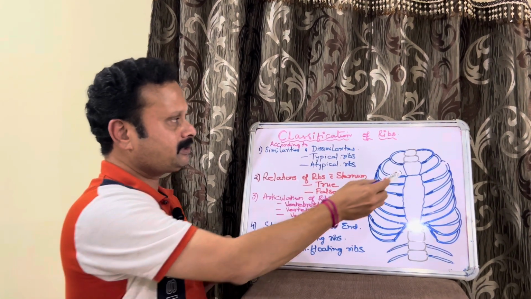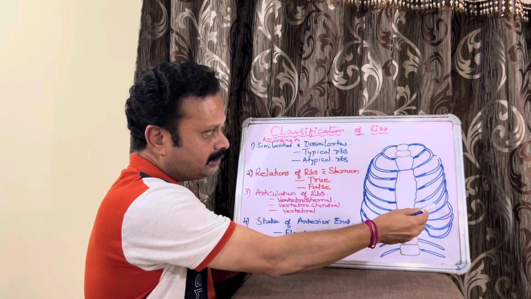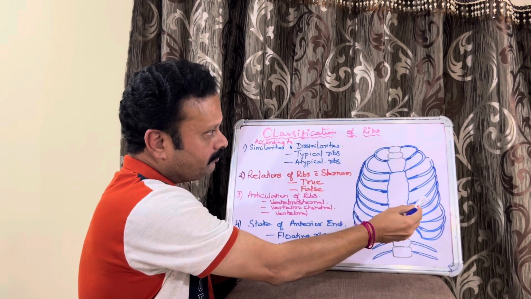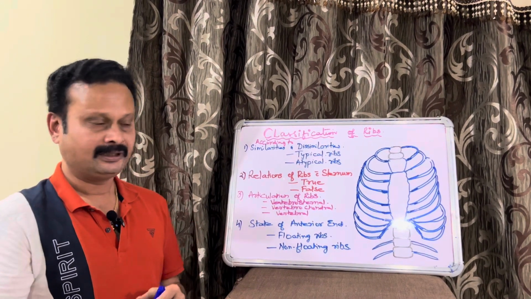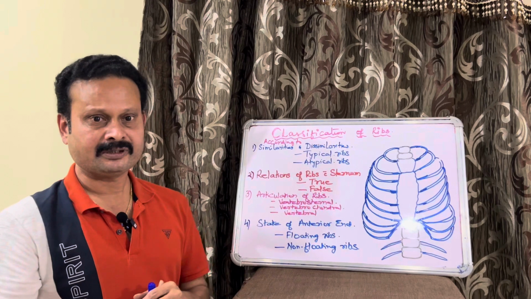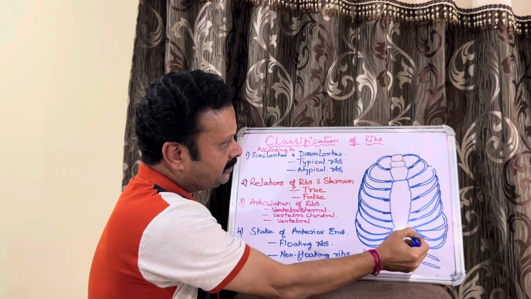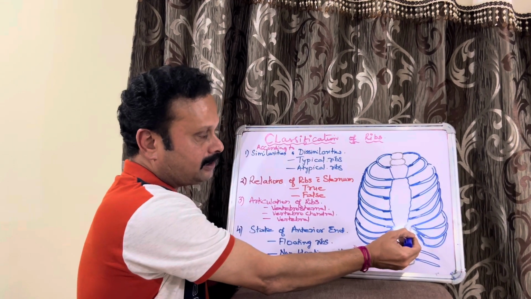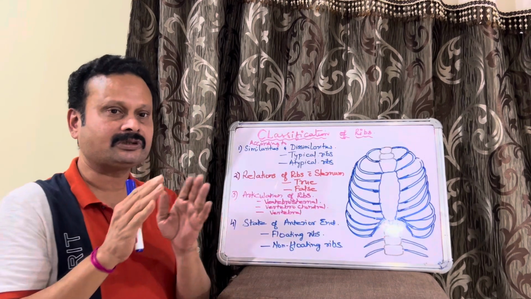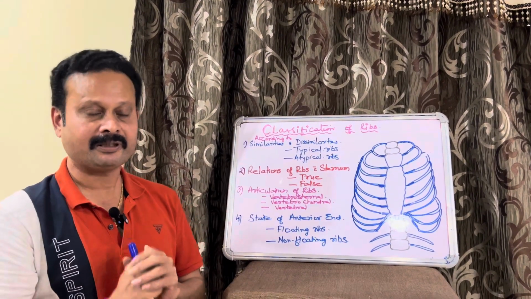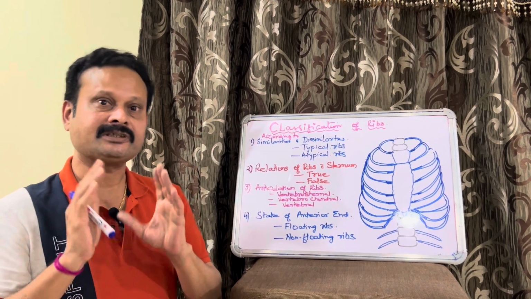These ribs increase in size from first to seventh, 1, 2, 3, 4, 5, 6, 7th, and then gradually decrease in size. There are 12 pairs of ribs, of which the seventh rib is the largest or longest rib, and the eighth rib is the most laterally projected rib, and the most obliquely placed rib is also the seventh rib.